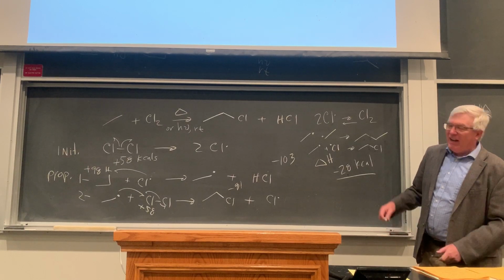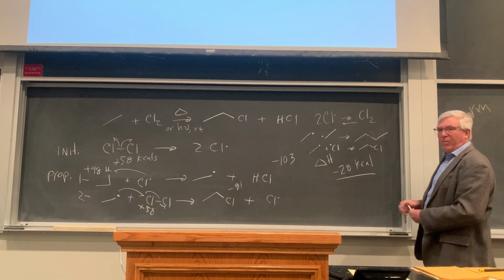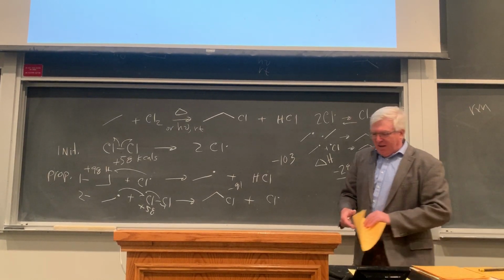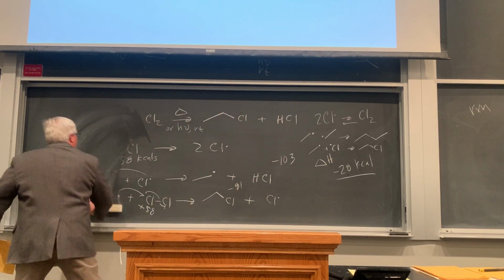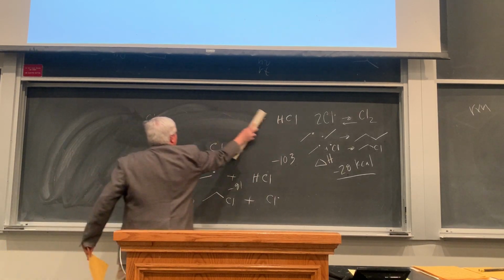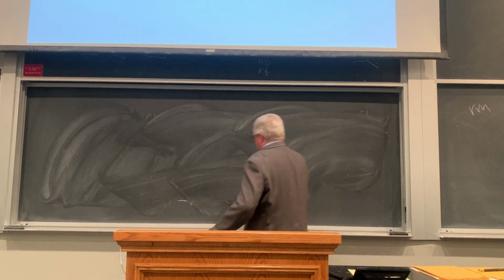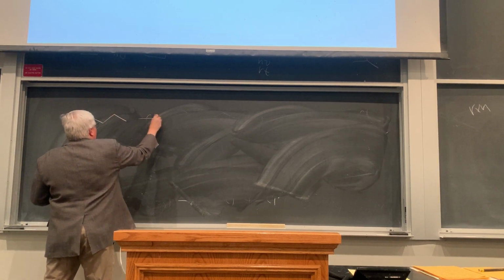All right, let's get back to showing some selectivity reactions here on the board. Isaac, leave it down here. Let's look at some other reactions and what type of selectivities we get from chlorination first. And then we'll do bromination, and we'll say something about the relative selectivities of these.